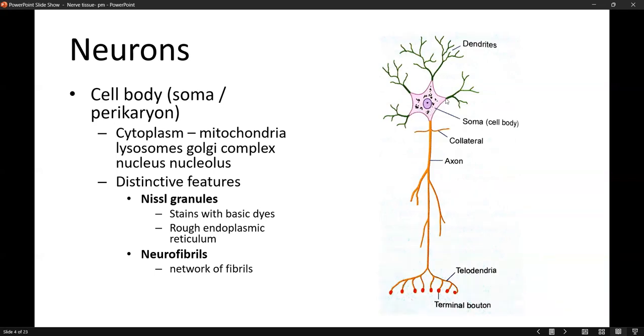In this case, we can see in this diagram that there are several short processes and a long process. This is what is generally shown when a neuron diagram is presented, but this is one type of neuron which we call multipolar, which means there are several processes coming from the cell body.